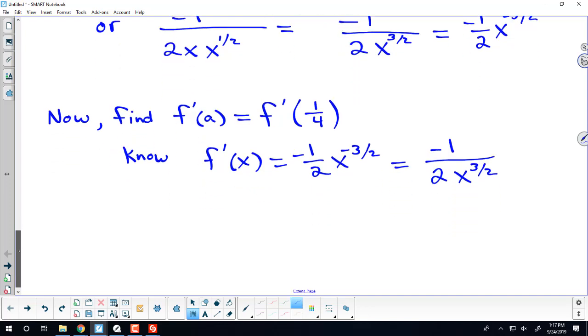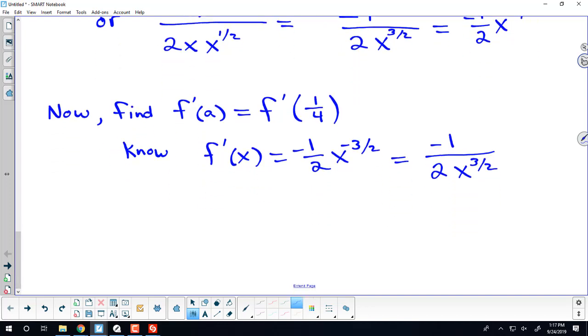We just need to plug in 1/4 to that function, whichever one of these you want to use.